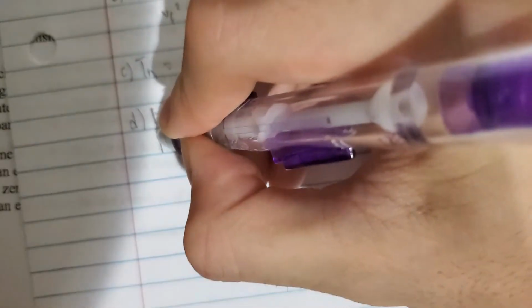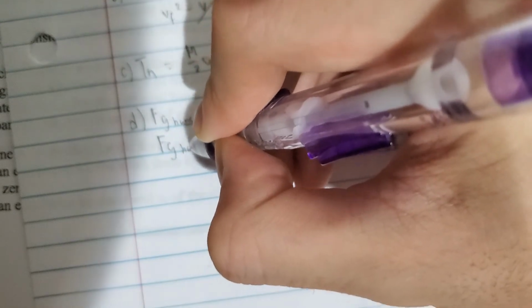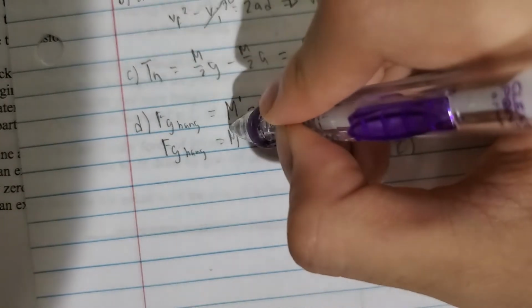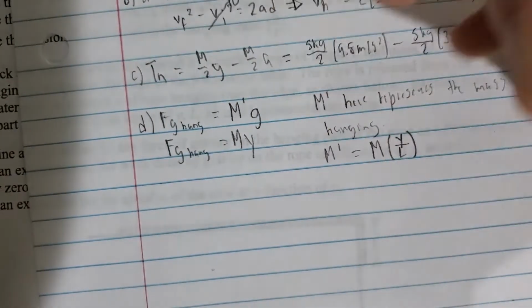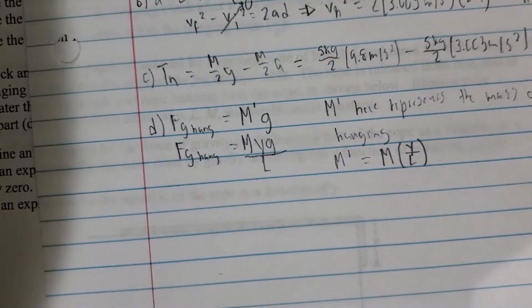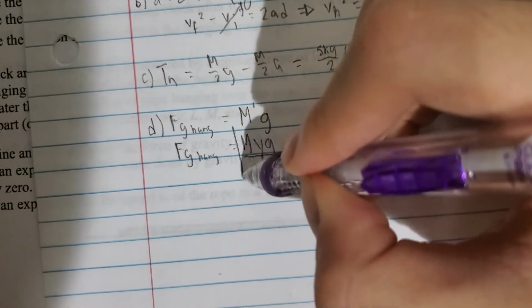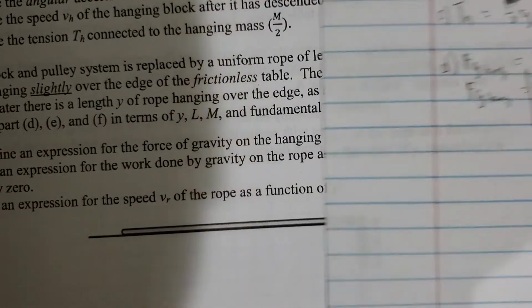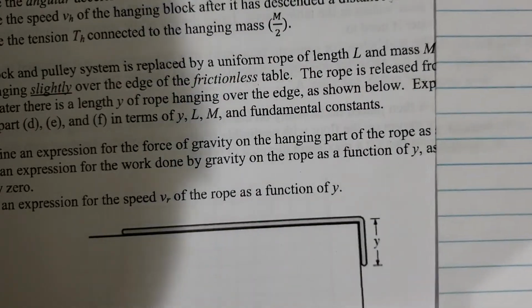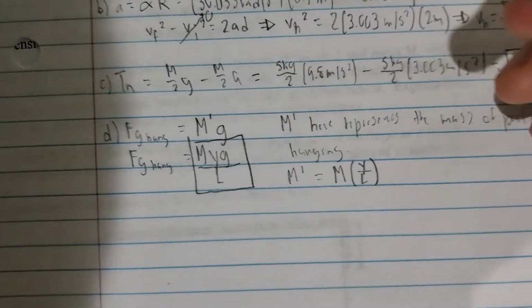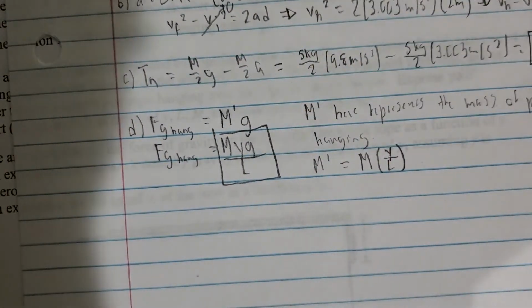So FG hanging is equal to M times Y times G over L. And that looks like that is my equation. I've defined FG in terms of Y and other constants, so that looks like what they're looking for. Okay, so this is my answer to part D.